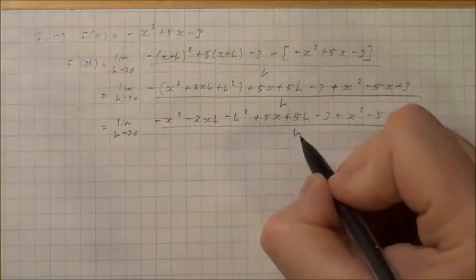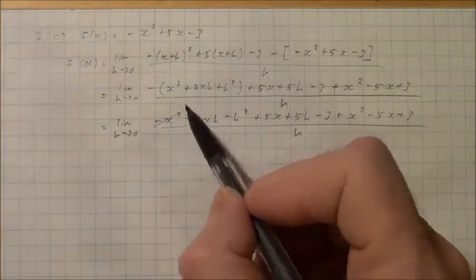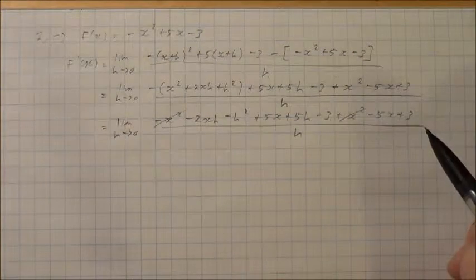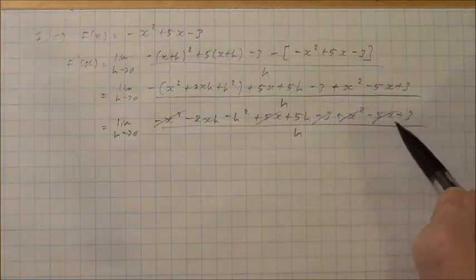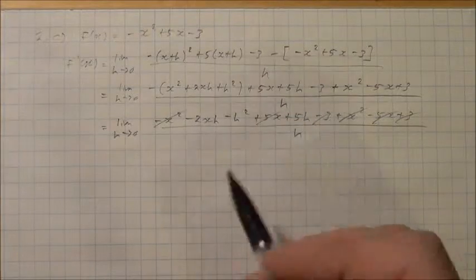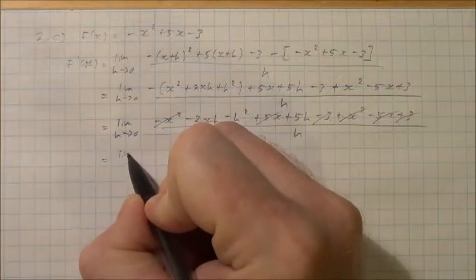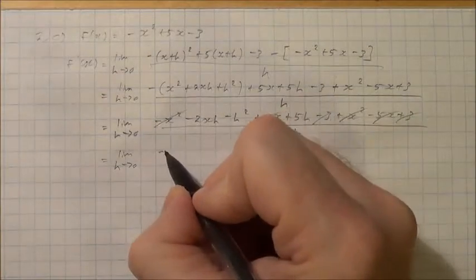all over h. And now I get to cancel out a bunch of things here, so negative x squared plus x squared, 5x minus 5x, negative 3 plus 3. So the terms that are remaining in the numerator all have h's in them, which is very convenient for this process.